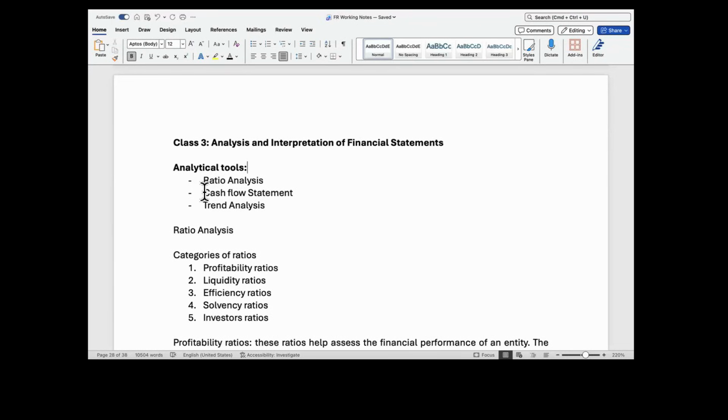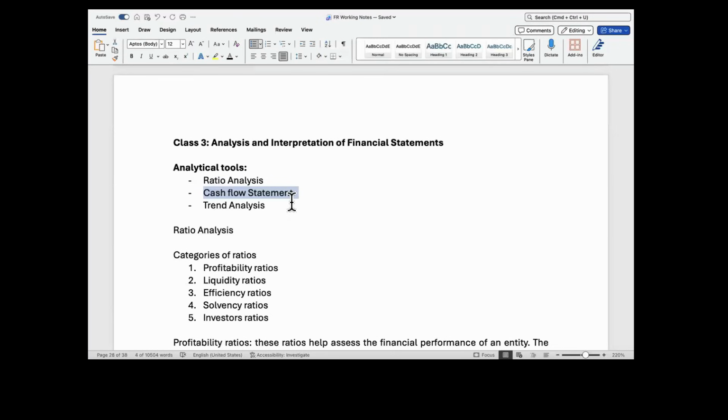Though I told you that there is the statement of cash flows that can be used for analysis. There is the trend analysis that can also be used. But our focus was majorly ratio, which is also going to be the focus for your exams.